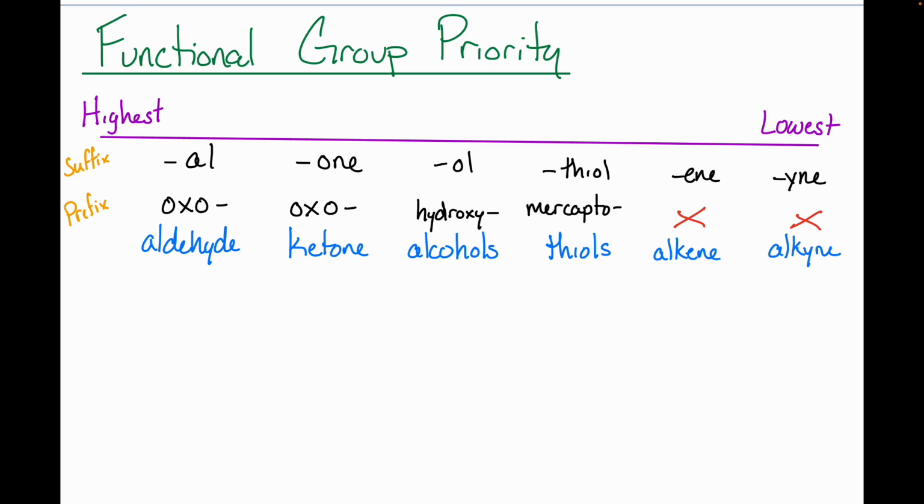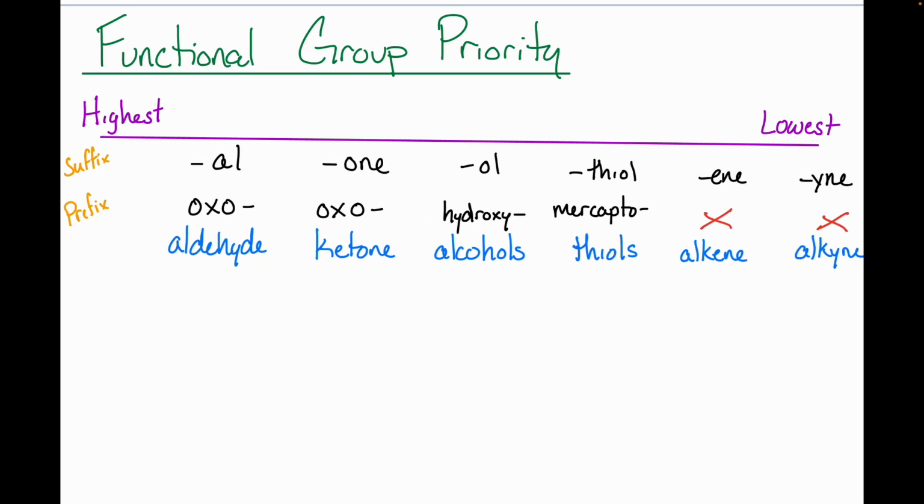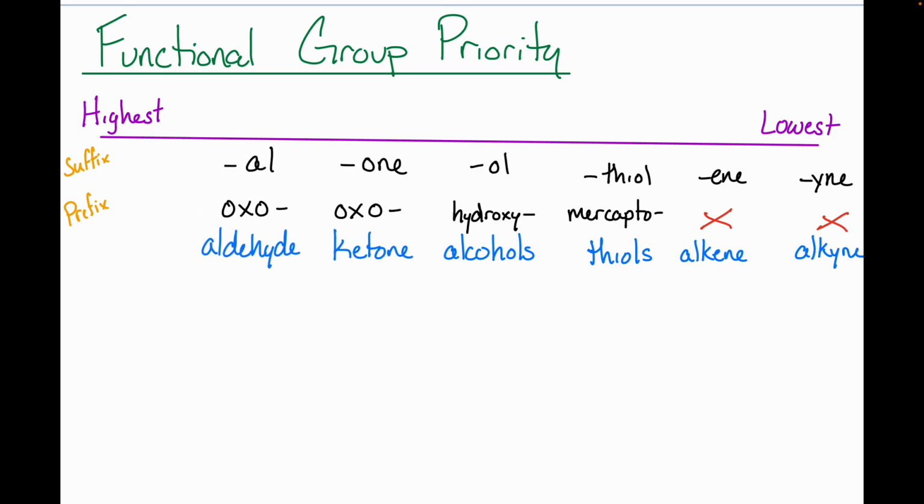Truthfully, every single one of these has a priority. Every one of those different functional groups has a priority on this list, so we could update this with all of them. But to be perfectly honest, it's kind of a huge pain dealing with them, especially when they're not the higher priority functional groups.